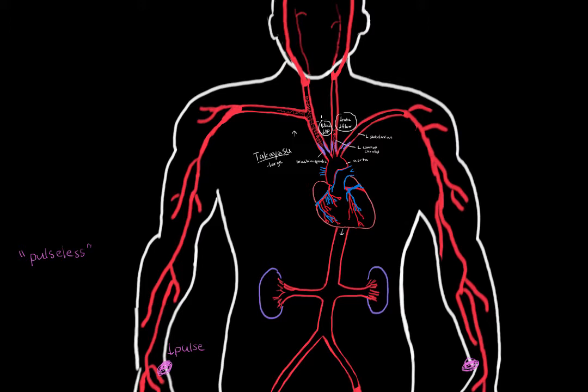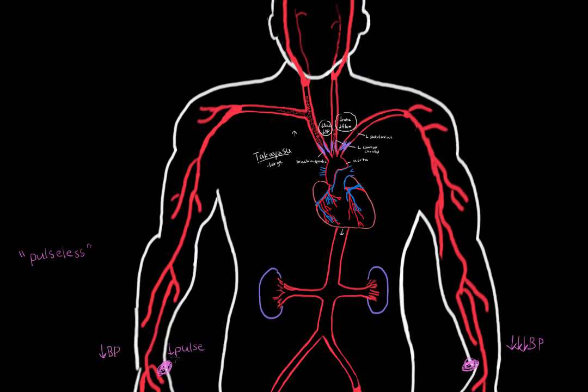Now realize not all these blood vessels are going to be narrowed in the same way. Maybe you have more narrowing of your left subclavian than any of the others. And so you think about it, you're going to have decreased blood pressure, a lot of it, right here on the patient's left side of the body. Whereas blood's still decreased on the patient's right, but it's not as much so.